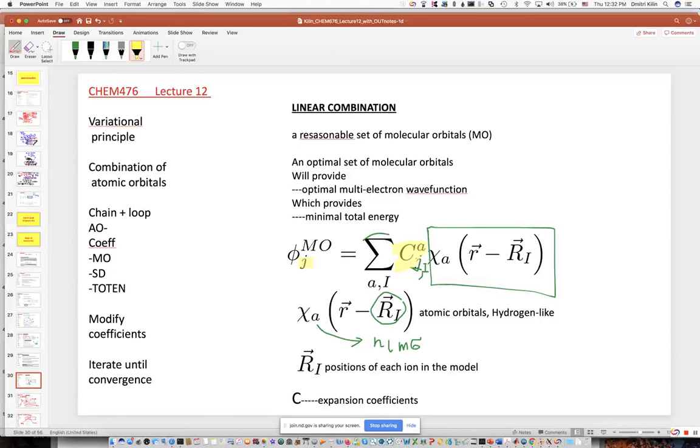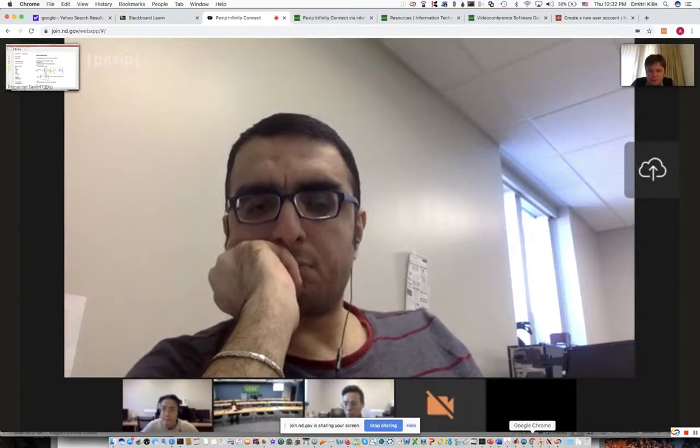So please let me know if this little notation and this concept seems reasonable or you want more comments.